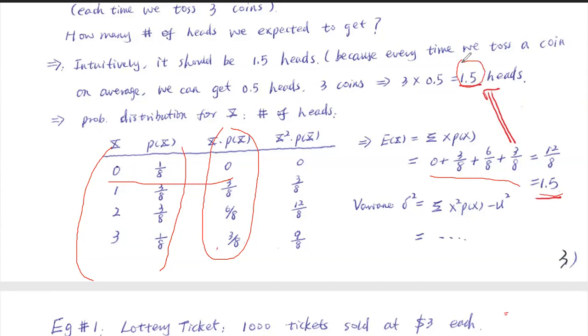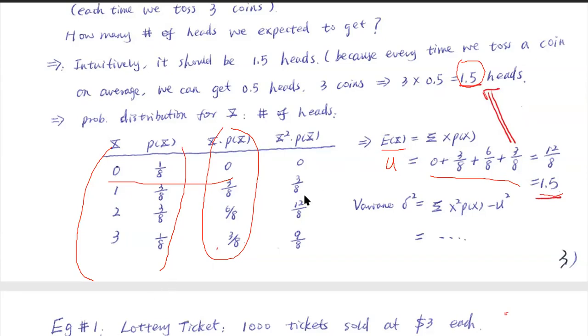That's the mean. That's mu. So you can write down mu is equal to 1.5, or you can write down E(X) is equal to 1.5. Anything is okay, because we have several different notations.